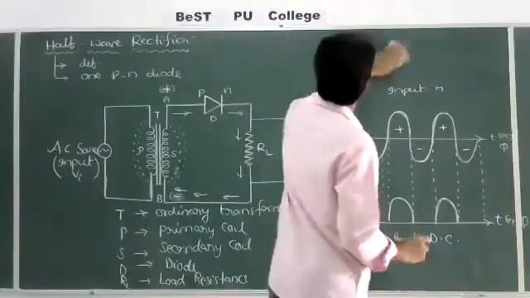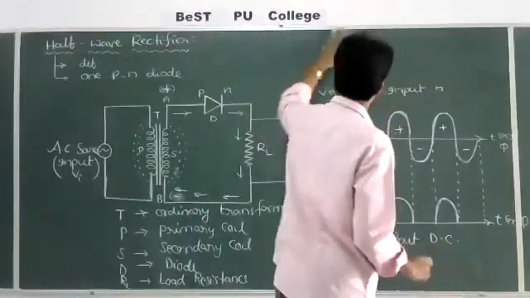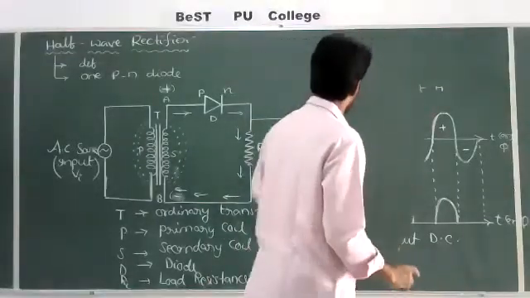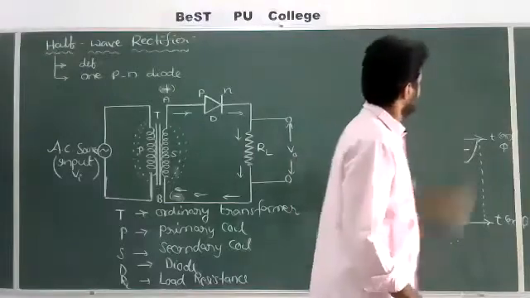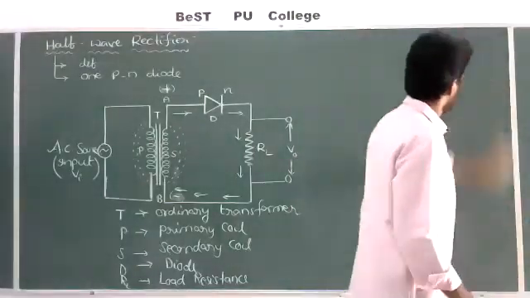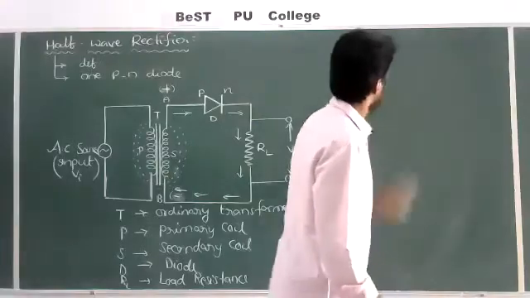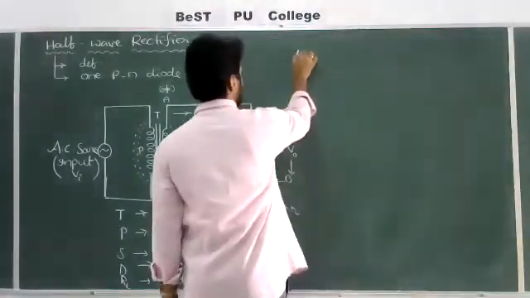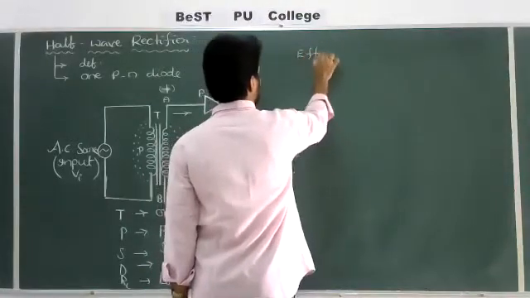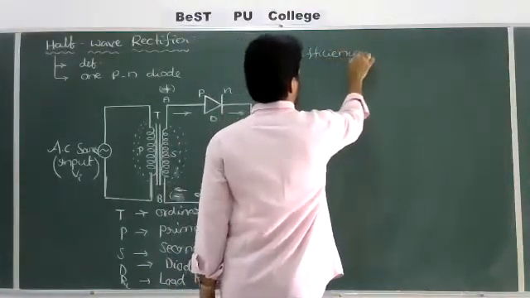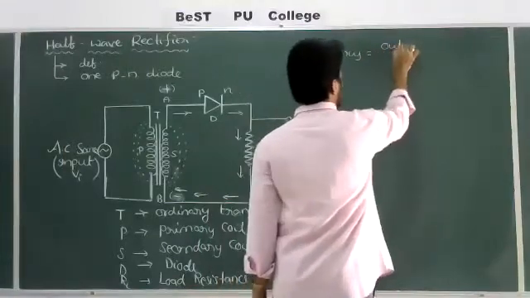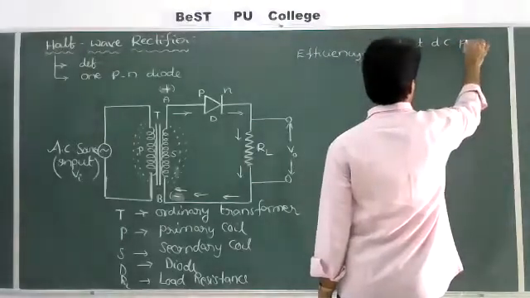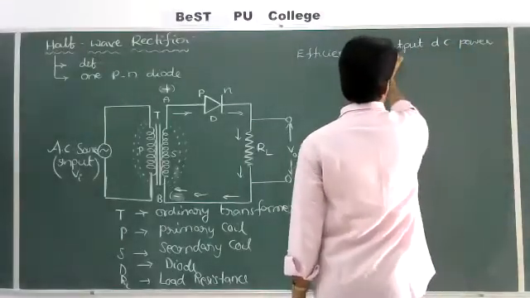But if you want to calculate the efficiency, there is a formula I'll give here: the efficiency of the half wave rectifier. The general formula for efficiency is output by input. Efficiency is equal to the ratio of the output DC power to the input AC power.